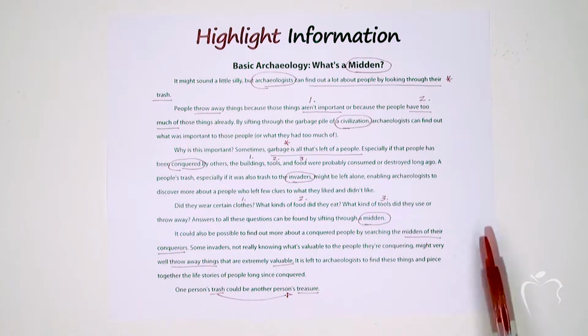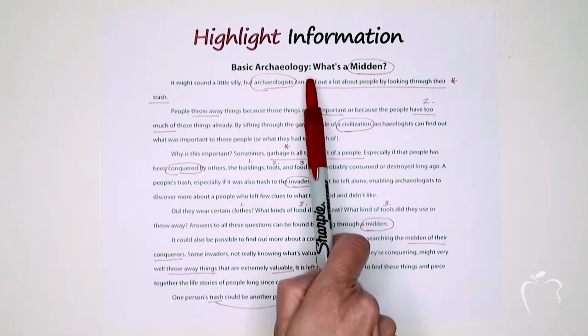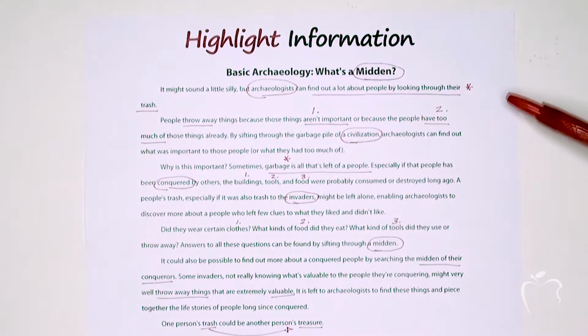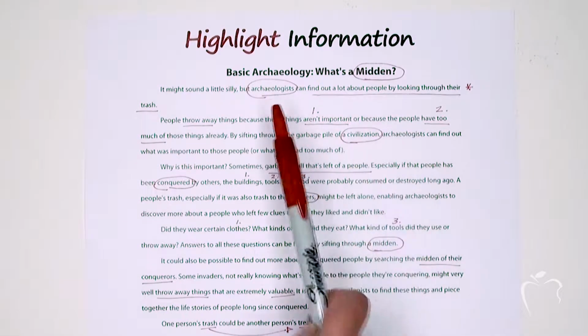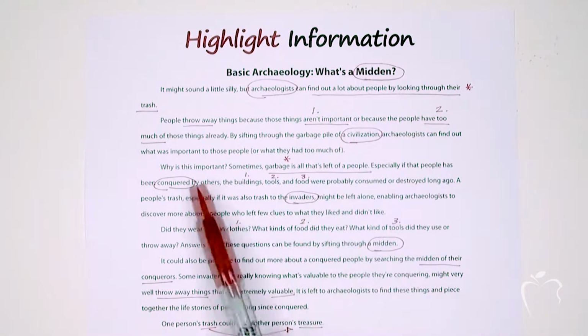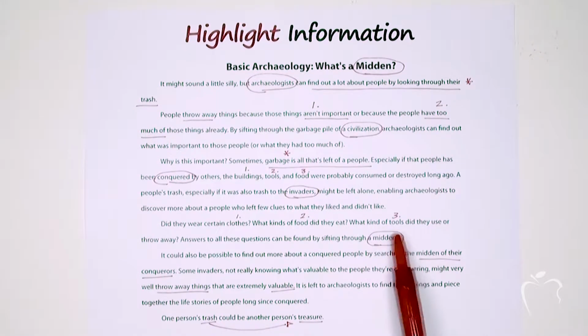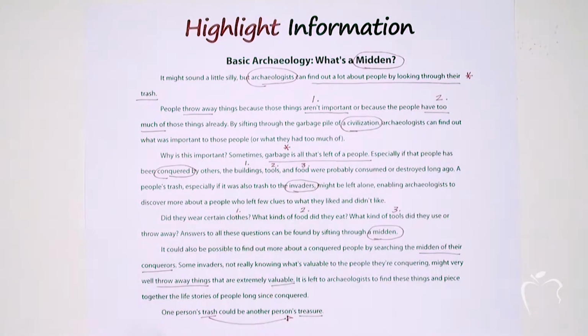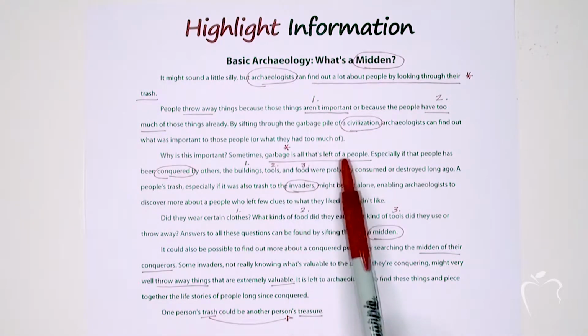Let me show you this example about archaeology, in particular about a midden. And I want you to notice within this passage that it has circled information, kind of like the key words that might be important. Some information is underlined because it must be important for some reason.